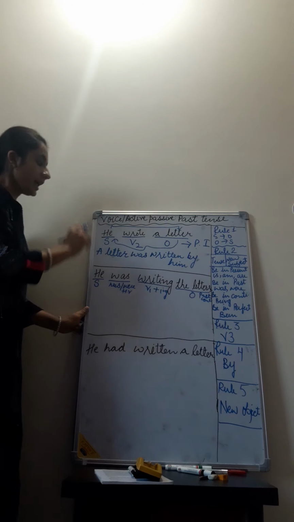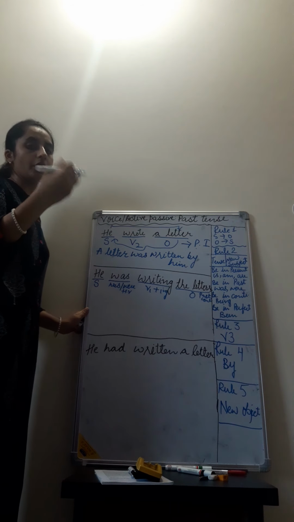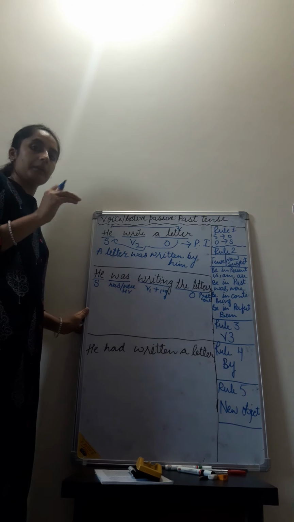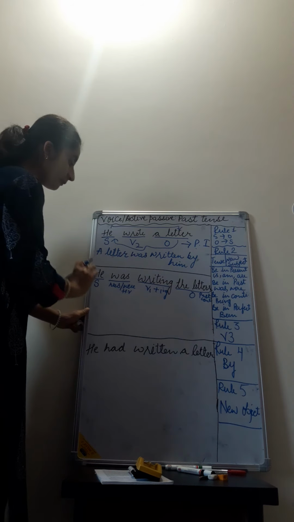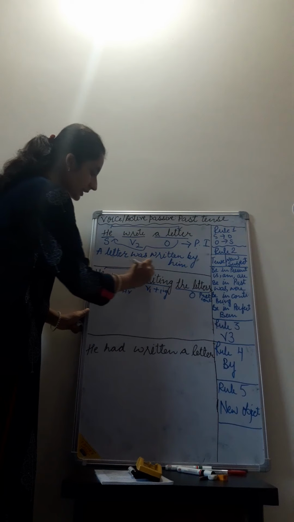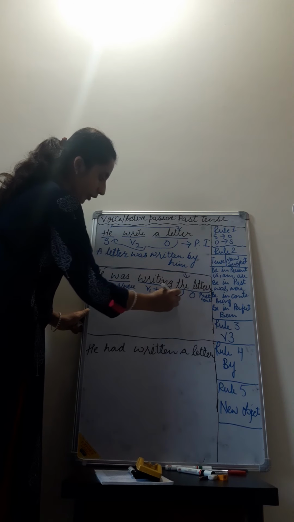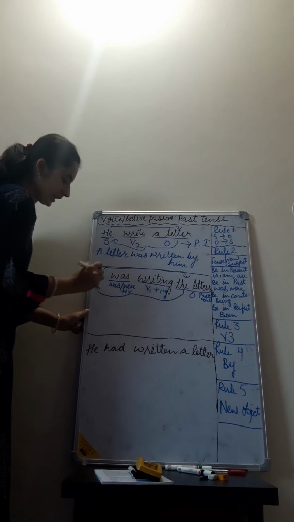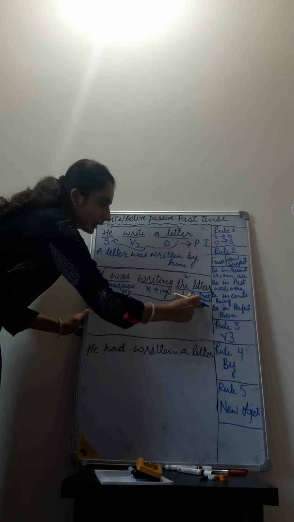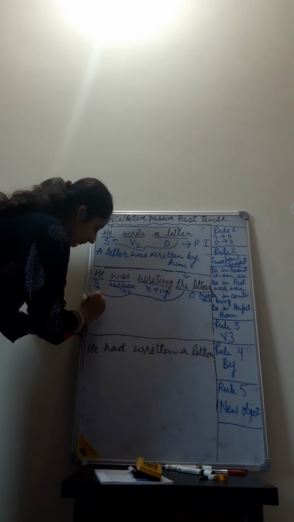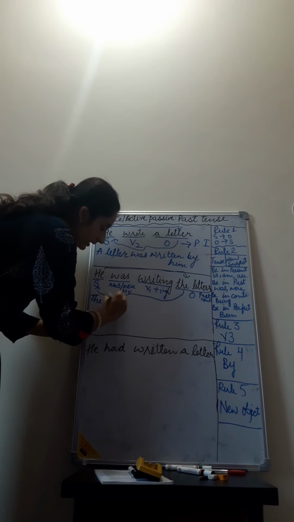So we will see how we can change the past continuous active sentence to the passive sentence. Our first rule, subject changes to object and object changes to subject. So our object here is the letters and it will become the subject. The letters.